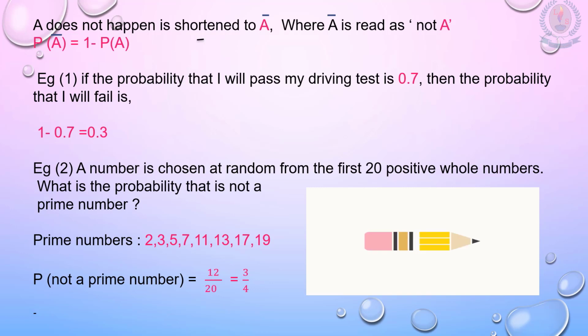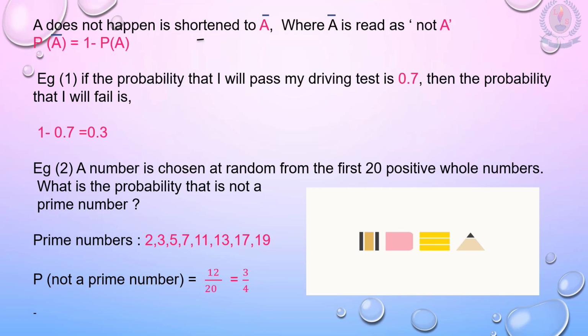Example 2. A number is chosen at random from the first 20 positive whole numbers. What is the probability that it is not a prime number? So how to find it? 1 to 20, what are the prime numbers?